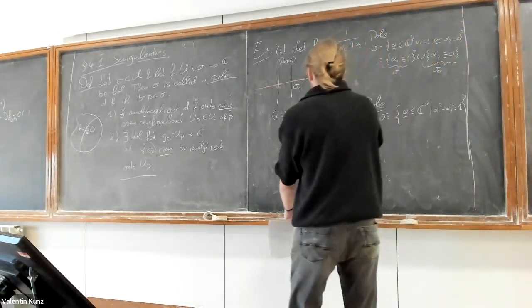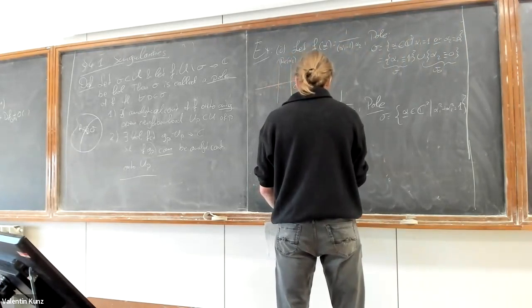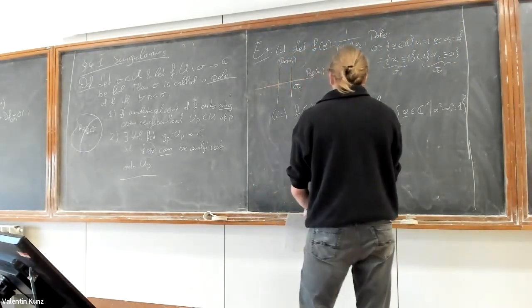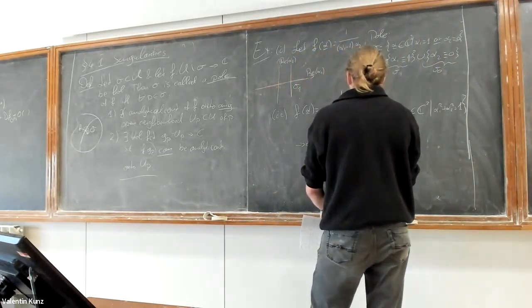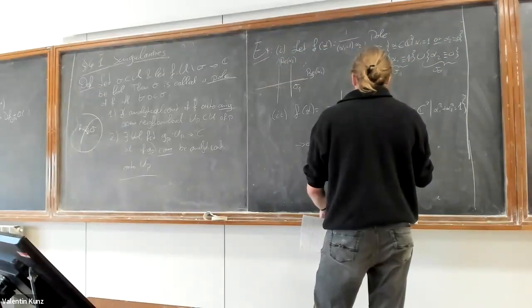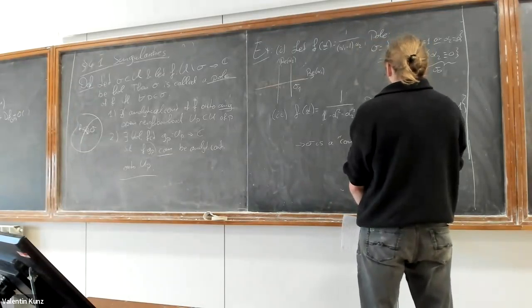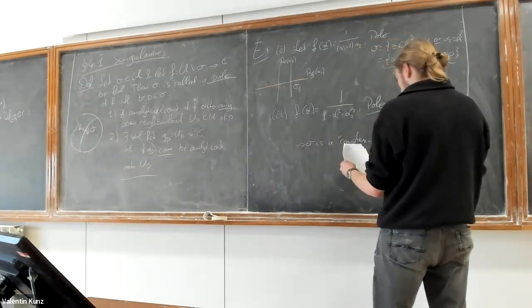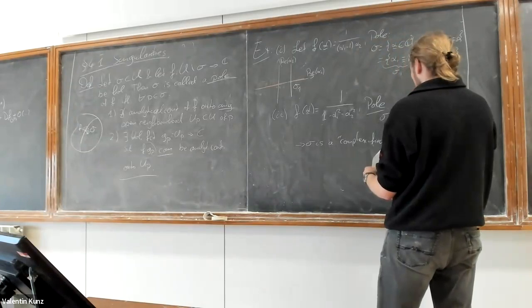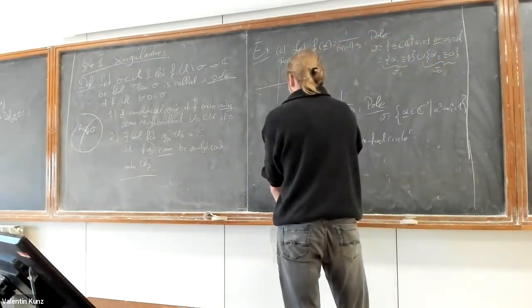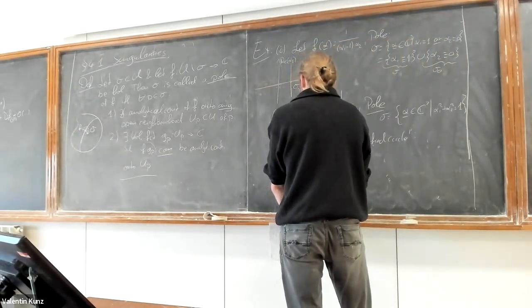So here sigma is a complexified circle. Alpha 1 and alpha 2 are complex numbers themselves. Exactly. It's a bit of a lazy way out, but exercise.